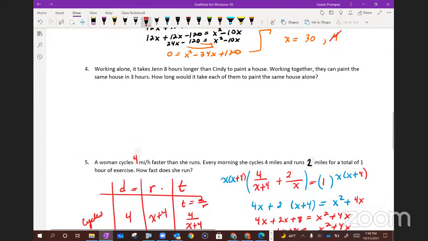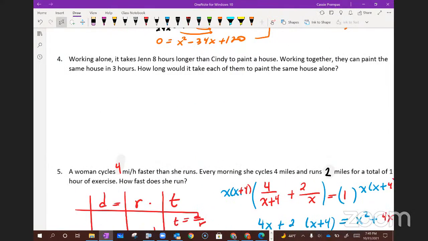Number 4, working alone, it takes Jen 8 hours longer than Cindy to paint a house. Working together, they can paint the same house in 3 hours. How long would it take each of them to paint the same house alone? Since Jen's time is in reference to Cindy's, I'm going to let x equal the time it takes Cindy to paint the house alone.